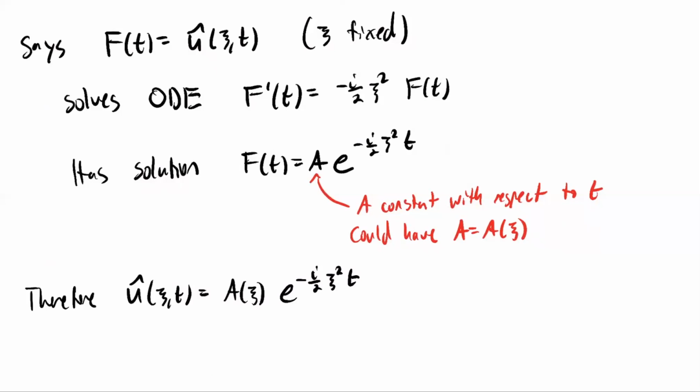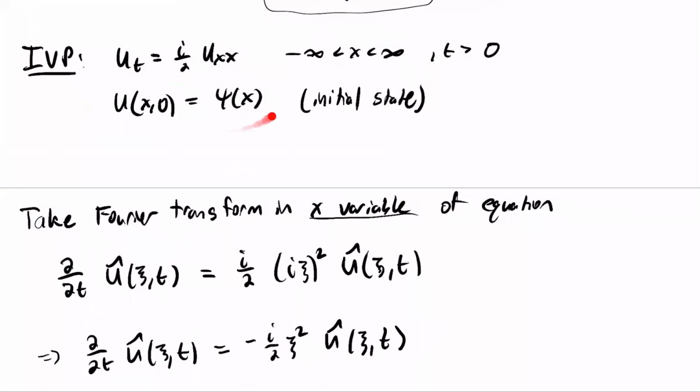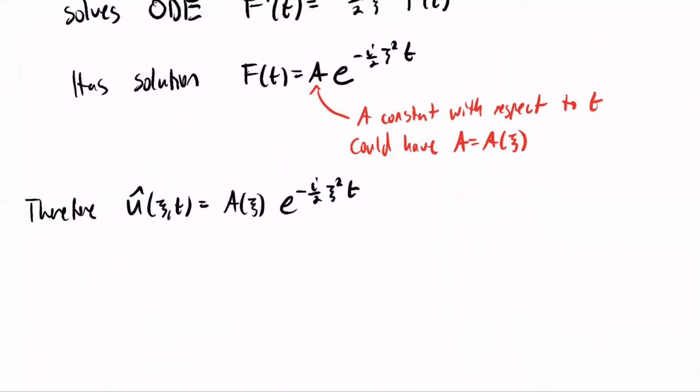And so, how are we going to determine what A has to be? Well, we're going to use the initial condition here. We have information about when t is equal to 0, and so this will allow us to solve for A. What happens if I set t equals 0 here?